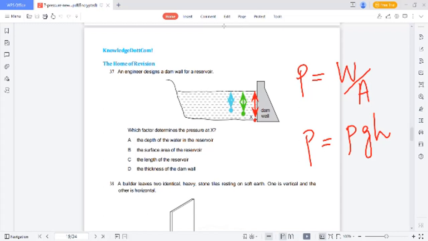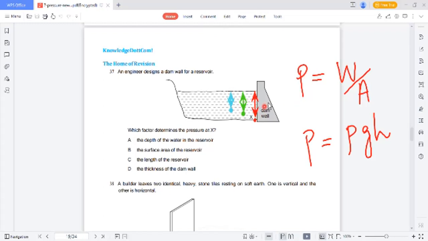Now you can see when the particle is here, it is experiencing more amount of water on it. When it is here, less amount of water. Here, less amount of water would be on it. So when the amount of water is decreased, its weight will decrease, pressure will decrease.